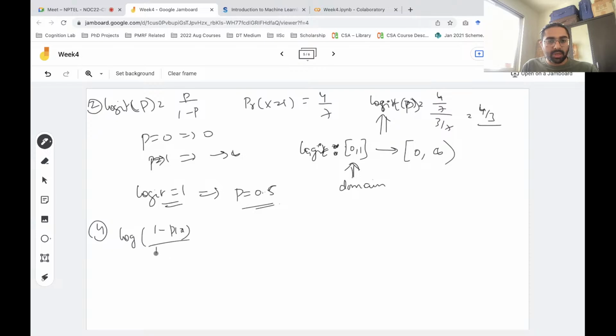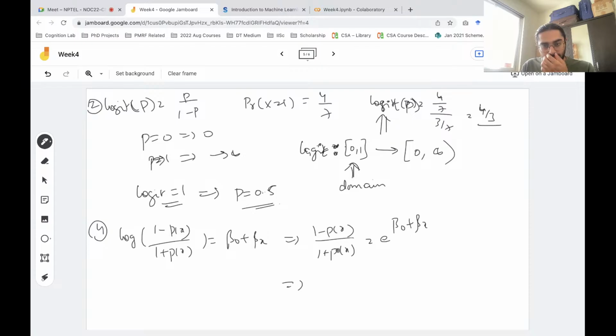p of x by 1 plus p of x is beta naught plus beta x, right? So this means that 1 minus p of x by 1 plus p of x will just be e power beta naught plus beta x, and using the simple rule of ratios and proportions, you can do a minus b by a plus b.